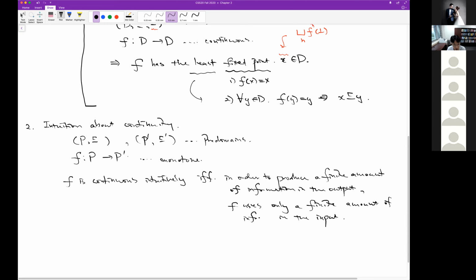Another example is exact real number computation, but let's not worry about this.